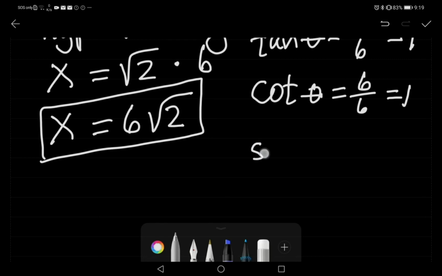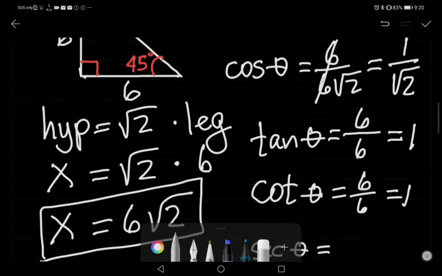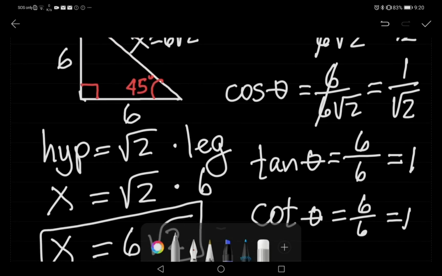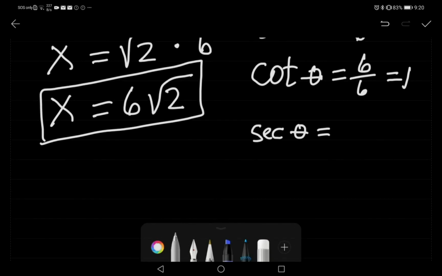Then for secant theta, this is the inverse of cosine theta. So square root of 2 over 1, or this is square root of 2.